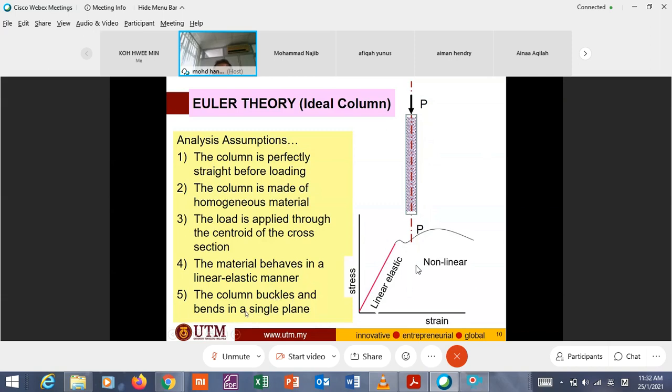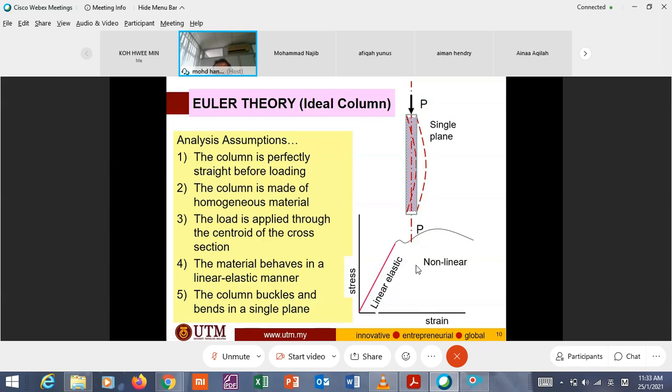And the column buckles and bends in a single plane. What is single plane? This is single plane. In some textbooks it is called a single sine curve. What is a sine curve? A sine curve starts with 0, different from a cosine curve, which starts with 1. The sine curve starts with 0 here.